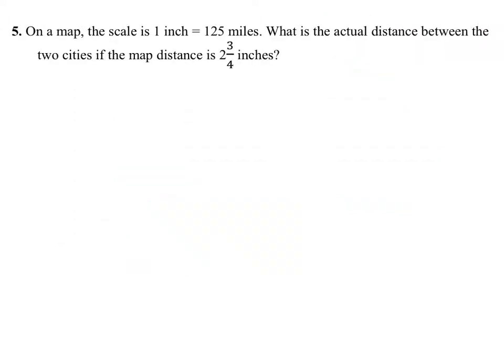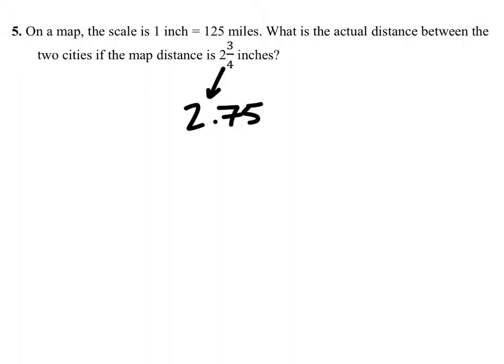On a map, a scale is 1 inch equals 125 miles. What is the actual distance between the two cities if the map distance is 2 3/4 inches? Well, what we can do on these is, each inch is 125 miles, and this one is 2 3/4 inches. There's several ways you could do it. Some of you guys know that this would give you 2 3/4, which is also 2.75.